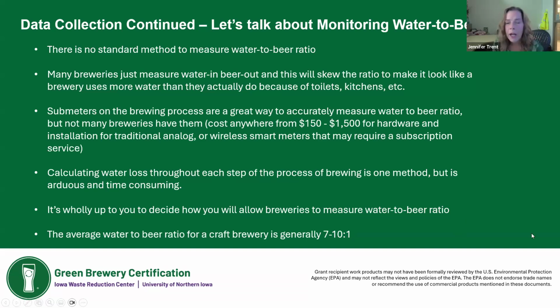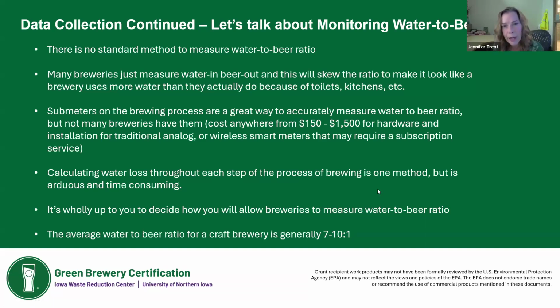The interesting thing about monitoring this is if you don't have any submeters measuring the amount of water that goes into your brewing process, and you're just going by your utility bill, your water bill, then your water to beer ratio is going to be really skewed to make it look like you're using way more water than you are.